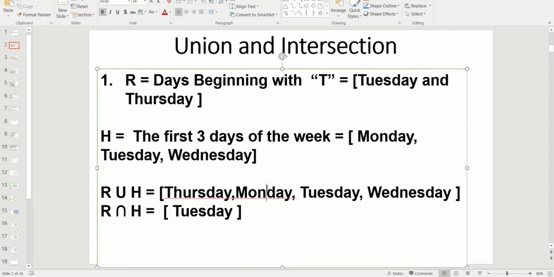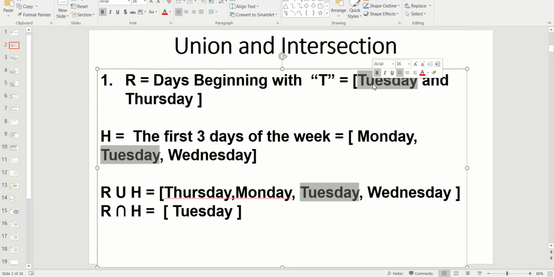We can't put any duplicate member, whether it is a word or a number. If we have two Tuesdays here, you can only put one. Just delete the duplicate one. So this is the combination: Thursday, Monday, Tuesday, Wednesday.